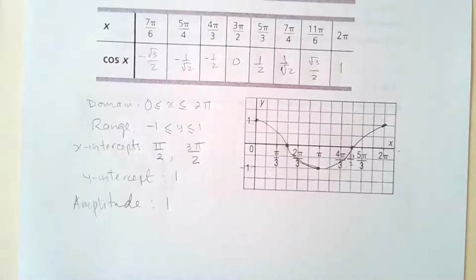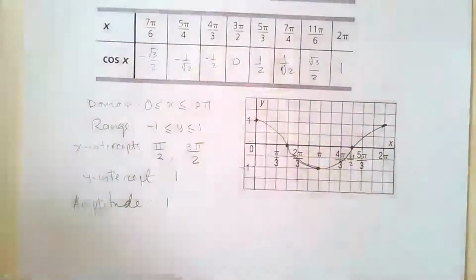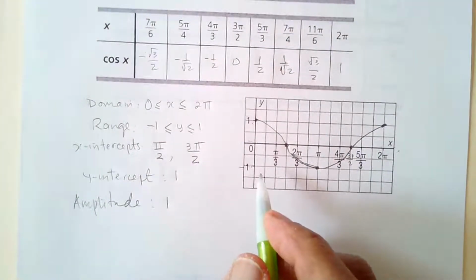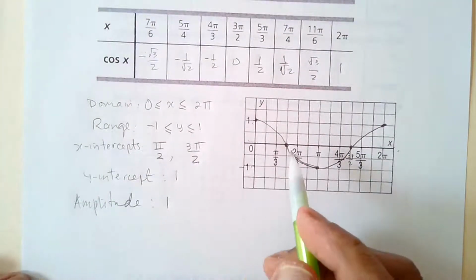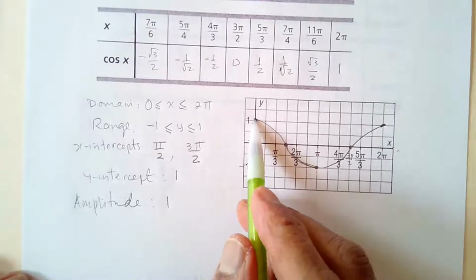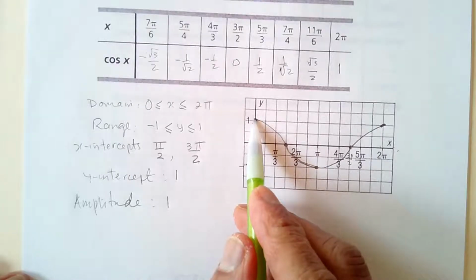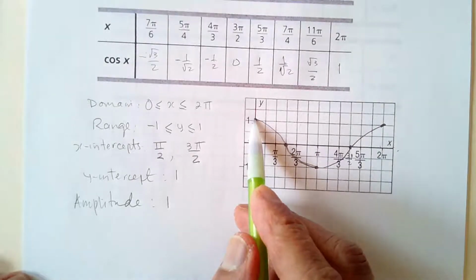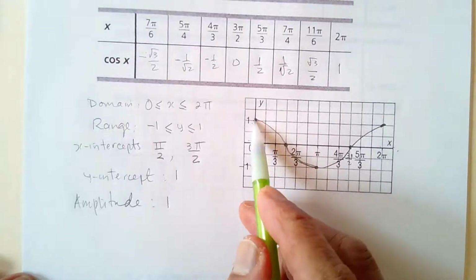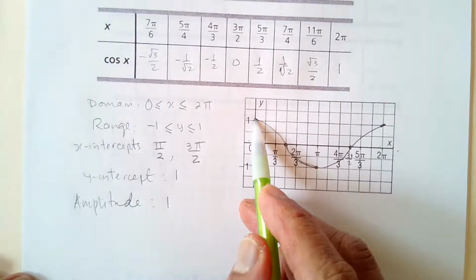Now, one thing we didn't look at is the period. Now, the period is one cycle. In other words, the interval between, if we start here, where does it repeat itself?